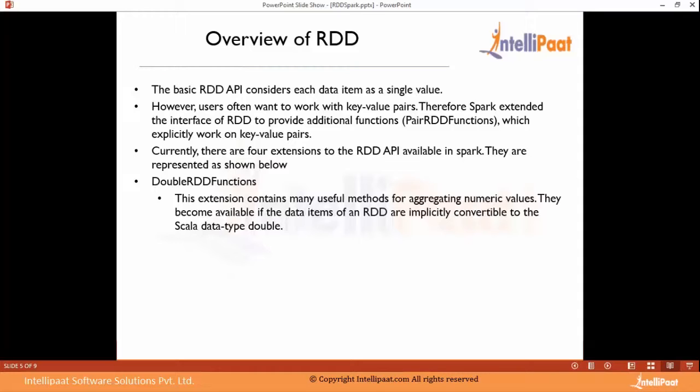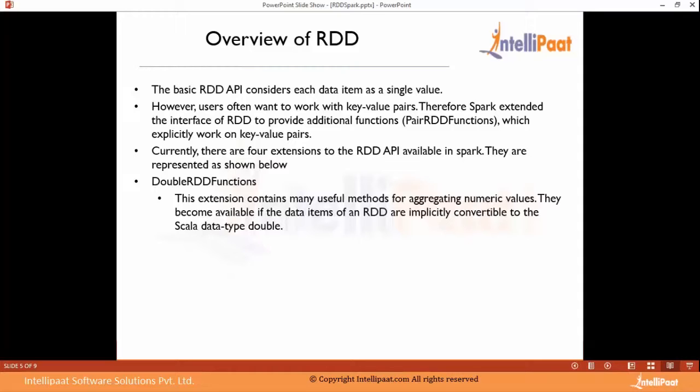For example, reduce by key, aggregating by key. These are all the different functions that will be acted on top of pair RDDs. So we'll have some examples in the later section of the class. Okay, this is one extension of the basic RDD.